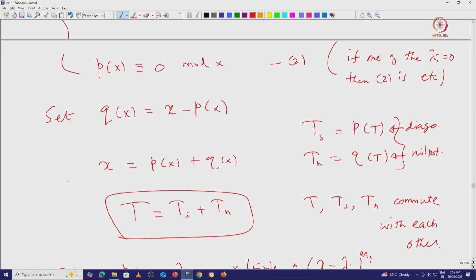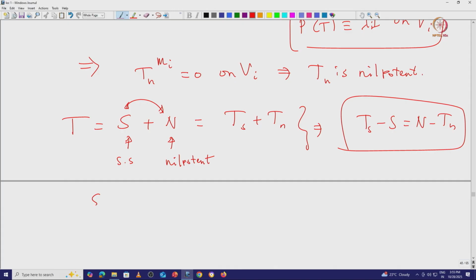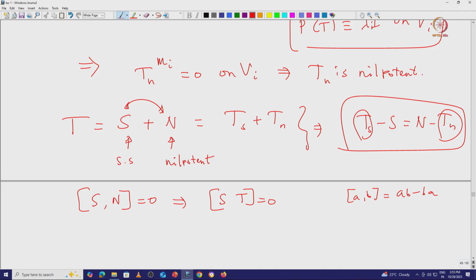So, in particular S and N commute. Now if you think about it, T_s is a polynomial in T and T_n is a polynomial in T. So, if S and N commute, that would imply that S and T commute. Here I am using the commutator notation, the bracket [A,B] means AB minus BA.